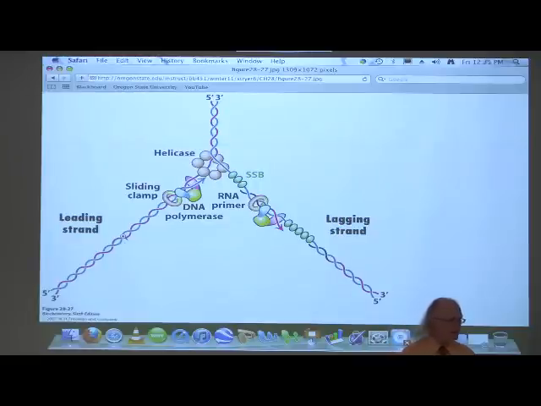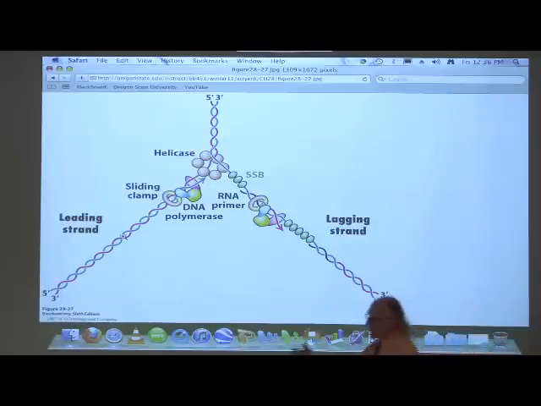That sort of makes sense. When you type up a paper and you get everything done, you look at it and go, oh my God, I don't know how to spell my name. Go back and you change it, right? You want to make sure you get the name right. So proofreading ensures more accuracy, right? That's a very, very important thing. DNA Polymerase III has proofreading activity.